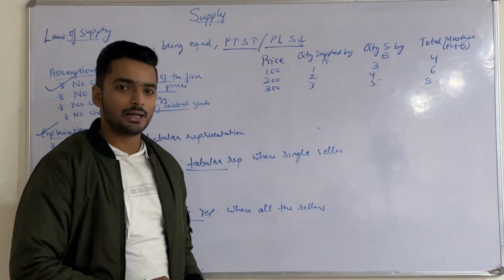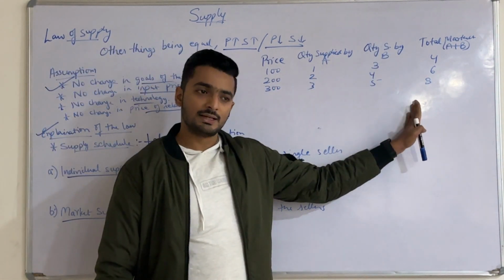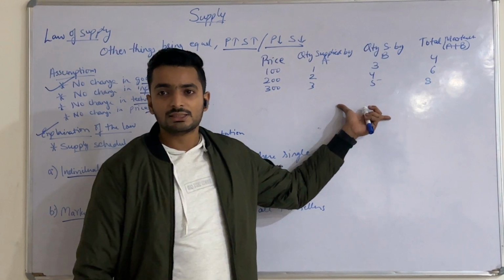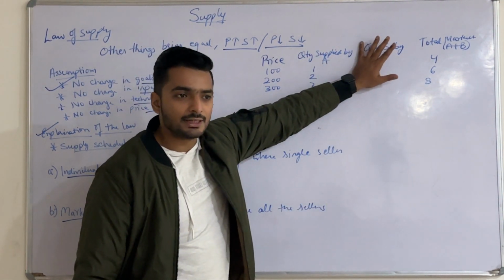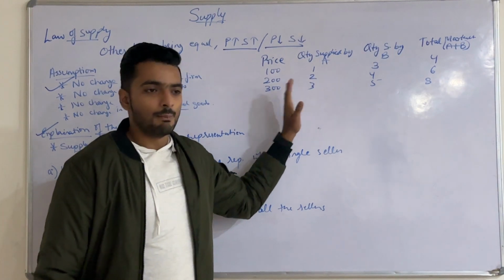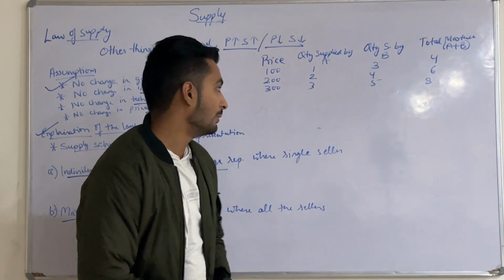You can see the total market is also increasing. With an increase in price, quantity supplied increases. So this is your market supply schedule. If only one seller is selling, that is the individual supply schedule. If more than one seller is selling, that is the market supply schedule.